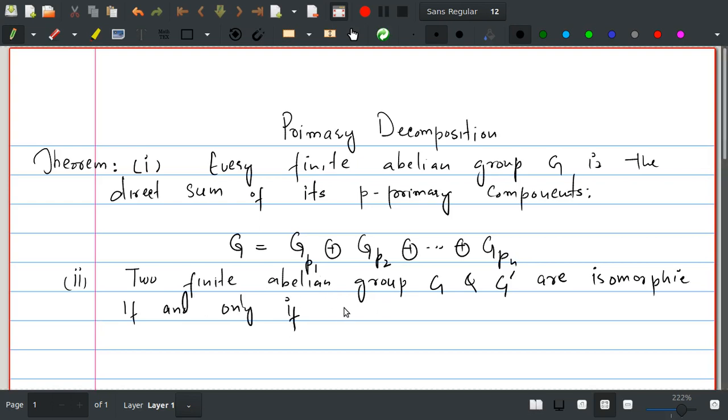That is, G_p is isomorphic to G prime_p for every prime p.